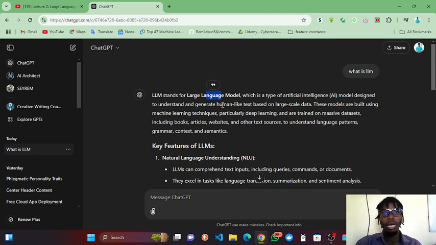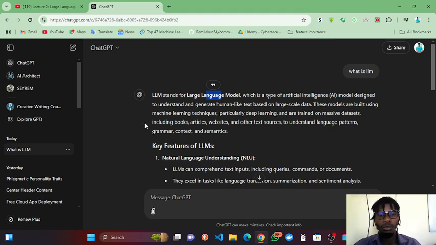I told you earlier that AI is divided into three parts. We have machine learning, we have deep learning, we have reinforcement learning. These three are combined to make what we call artificial intelligence. That is the intelligence that is man-made.